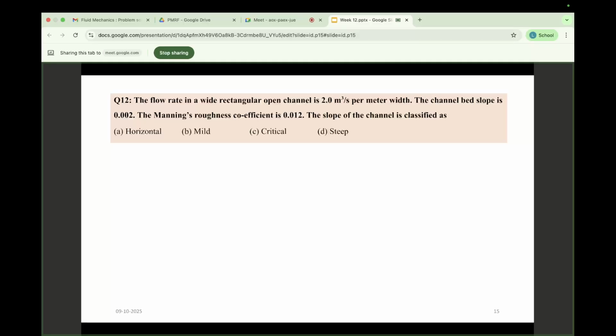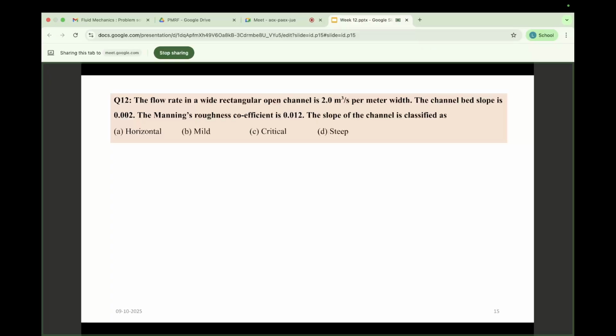Here the flow rate in a wide rectangular open channel is 2 meter cube per second per meter width, right? So it is given. The channel bed slope is this much. The Manning's roughness coefficient is also given.